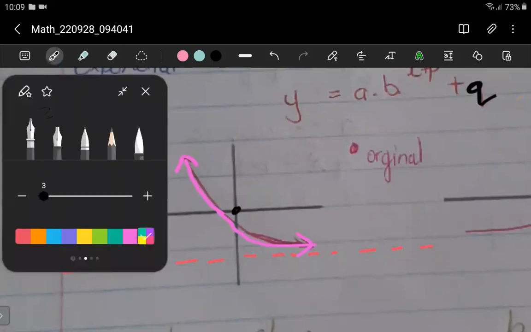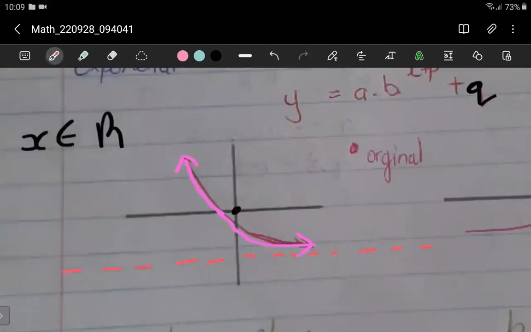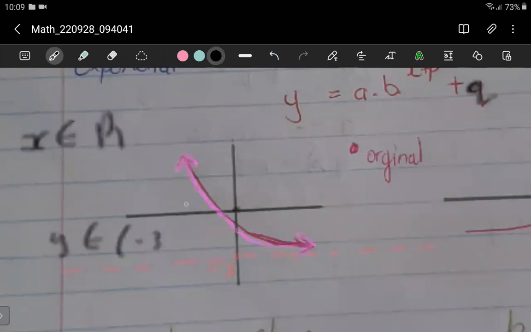So if this is like -3, then we would say the range is our y values need to be bigger than -3. You can say y is an element of -3 up until infinity.